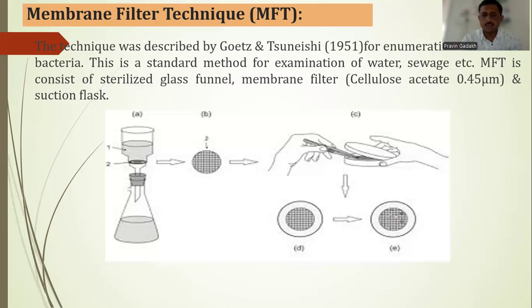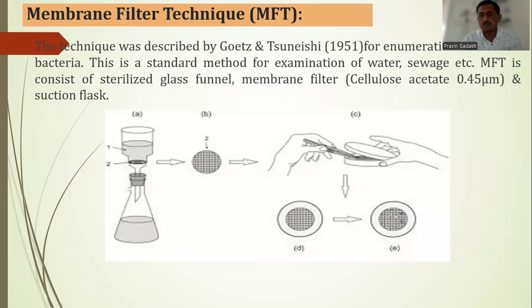A filter disc used for the membrane filter technique is made up of nitrocellulose, which is placed in the filtration unit, that is, the funnel. The pore size of the filter paper is less than the bacterial cell size. Membrane filters are available in different grades of porosity, ranging from 10 micrometer to 5 micrometer.